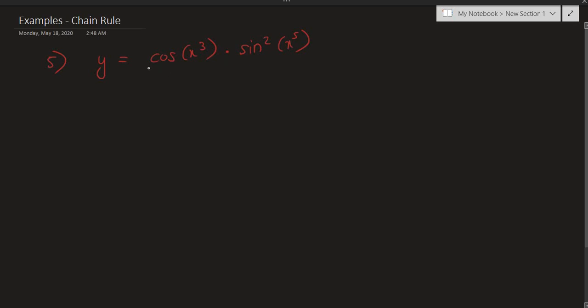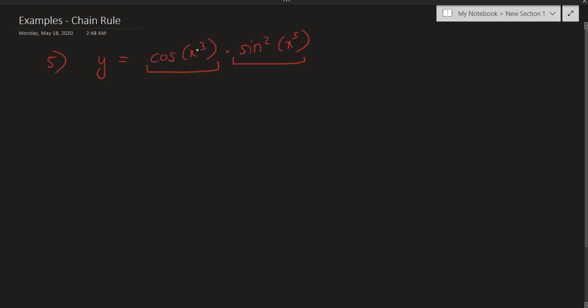So it's initially telling us to use the product rule, this function times this function. So it's first telling us to use the product rule when we get down to differentiate. But even after using the product rule, when we go on to differentiate cosine of x cubed, we have to use the chain rule because two functions, right?